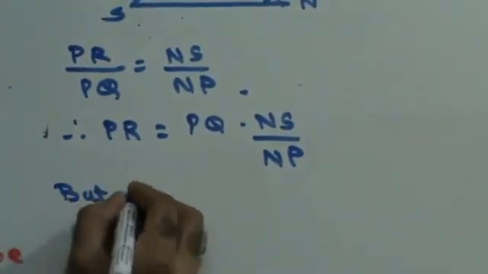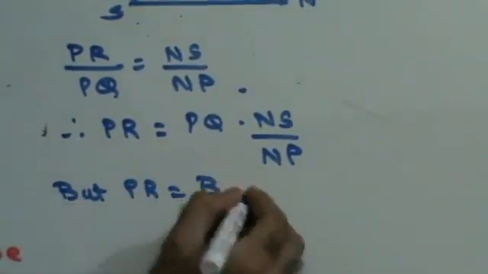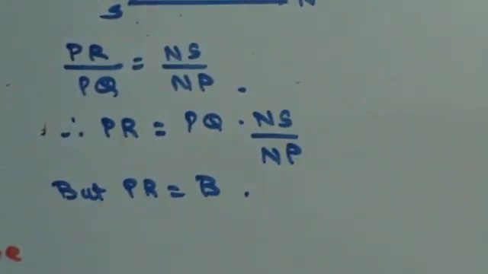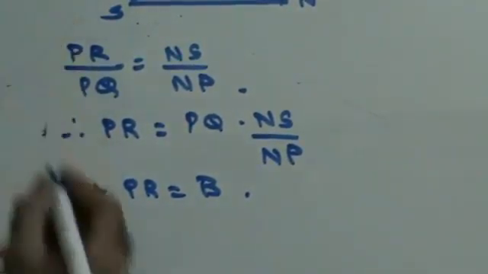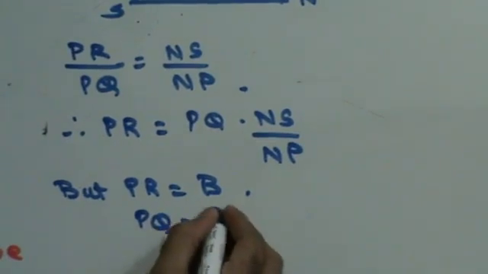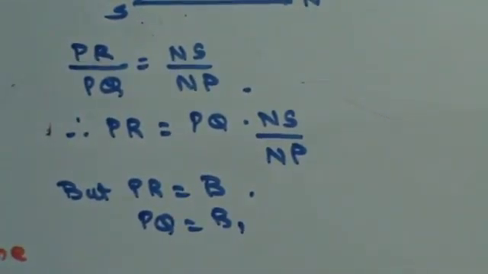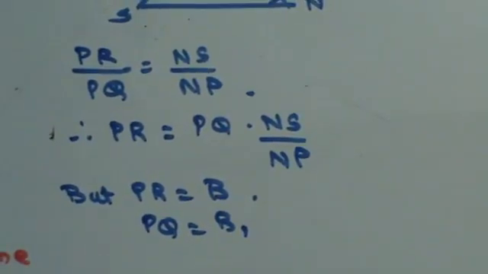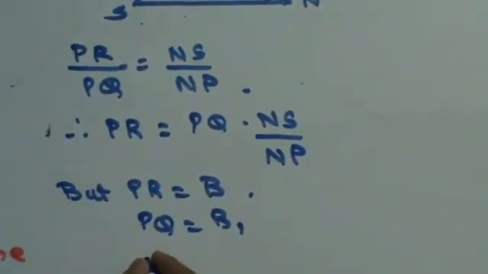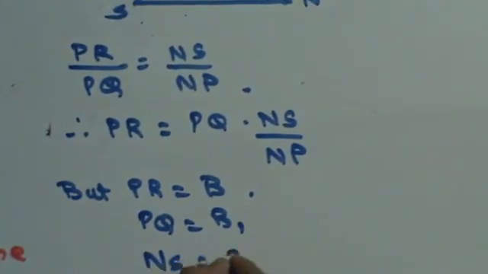But what is PR? PR is the net magnetic induction B. What is PQ? PQ is B1. And what is NS? NS is 2L, and what do we need? NP.